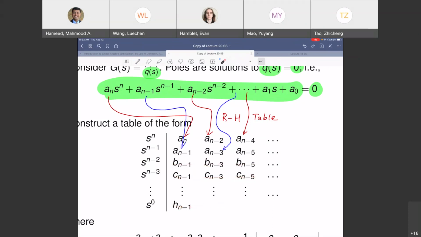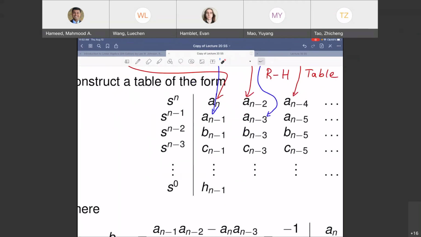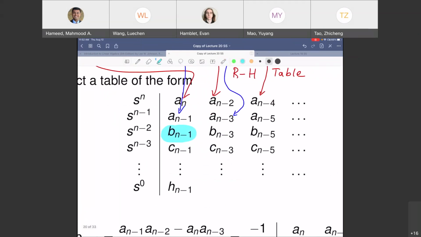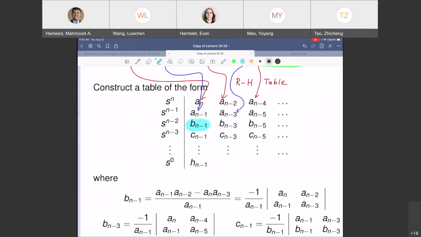These coefficients are actually computed based on the determinant of the other matrices. We'll take a look at that. b_n minus 1 is computed using this equation right here, which is -1 divided by a_n minus 1, and the determinant of a 2 by 2 matrix.